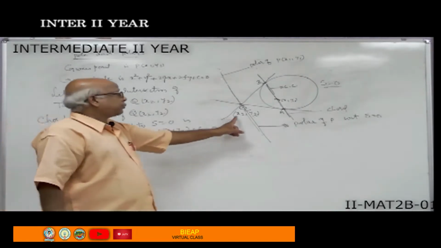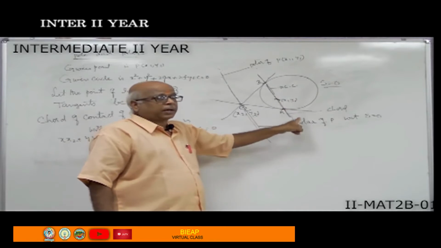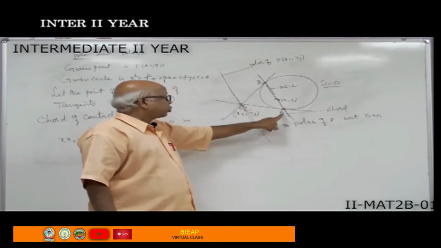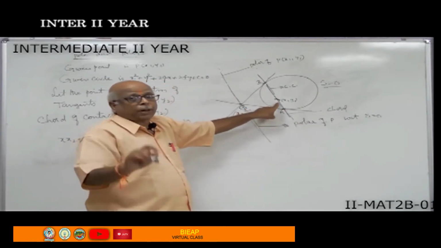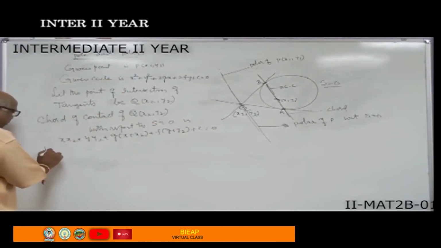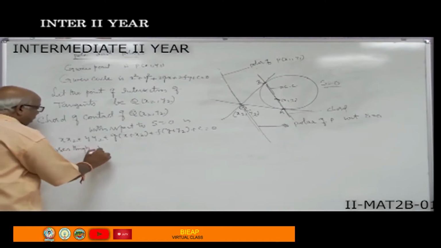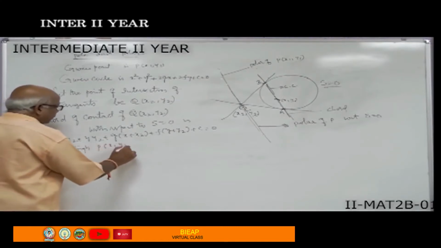Chord of contact of Q means this line. I determined the equation of this line. But this line is passing through which point? Our given point. What is our given point? P x1 y1.